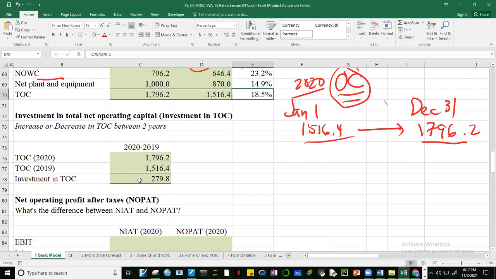We said that this is indicative that management is very bullish about the market. When I say bullish, it means they're very positive, very confident that the market is going to expand and increase. That's the reason why they were investing in operating capital, particularly net plant and equipment, and also their working capital. Clear so far? 279.8 was the additional investment in TOC.